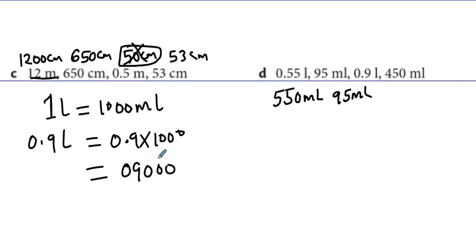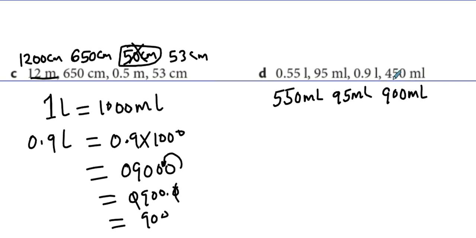There is one decimal place over here, so count one number from the right hand side, and this will be 900.0. This will cancel. This will be 900. So 0.9 liter will be 900 milliliters, and then we have 450 milliliters.